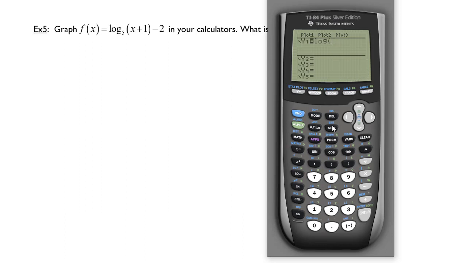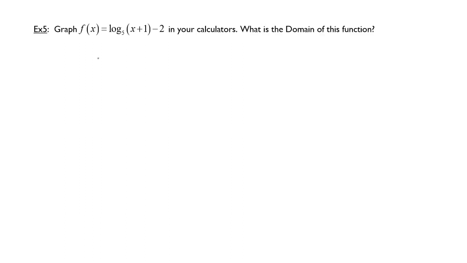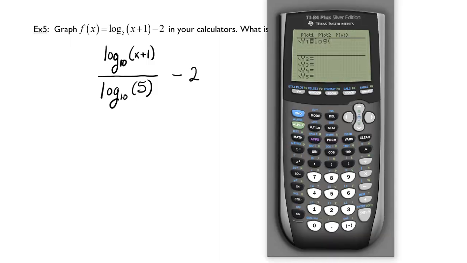Well, I can write this as a change of base. So before I enter it in the calculator, I can write this as log base 10 of x plus 1, and I don't even have to write the base 10, but just for emphasis, over log base 10 of 5, minus 2. So we'll go ahead and enter that in our calculator.